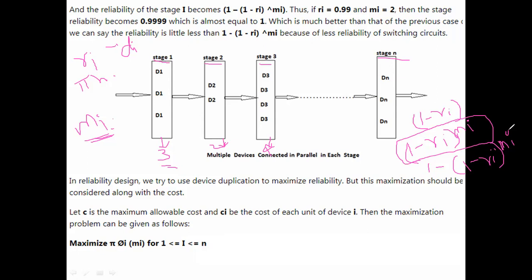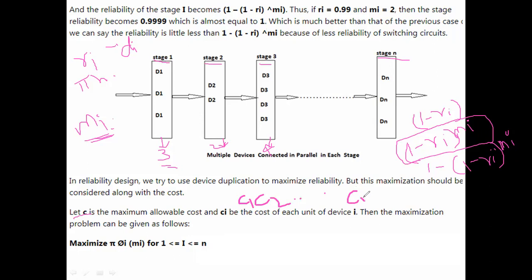So we try to use device duplication to maximize reliability, but this maximization should be considered along with the cost. The overall cost of the system is C. Each device cost is C1, C2 up to Cn.